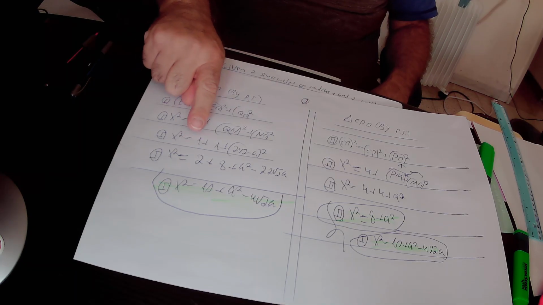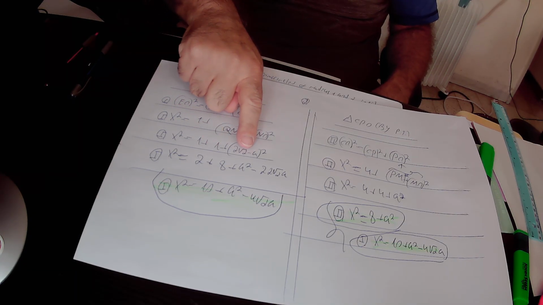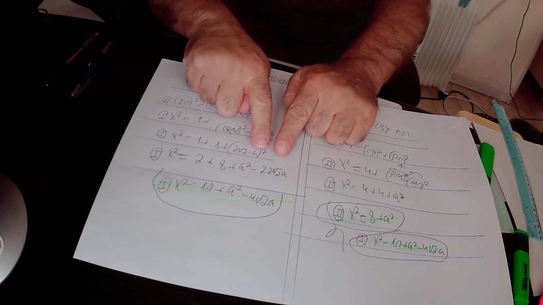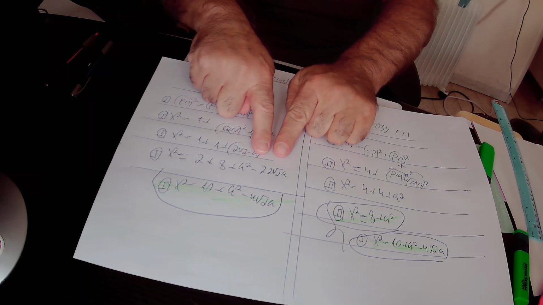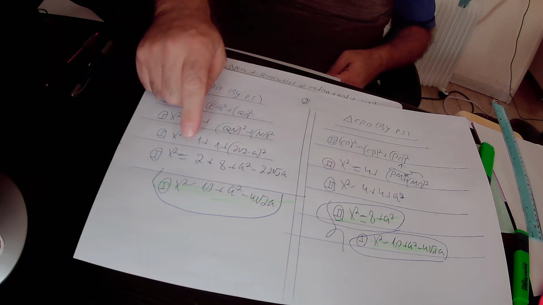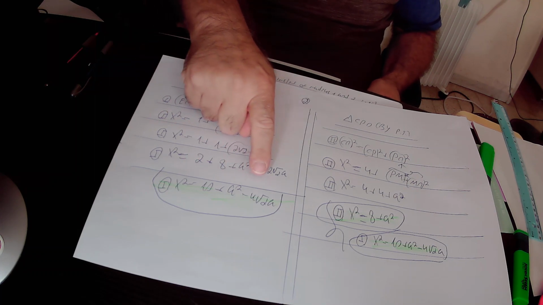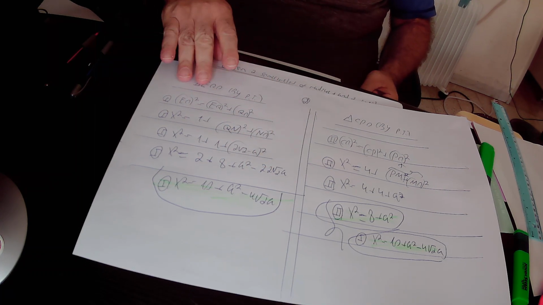So X squared equals 2 plus 8 is 10, plus a squared, and minus 4 times square root of 2 times a. So in total, according to equation 1, we found out that X squared equals 10 plus a squared minus 4 times square root of 2 times a.